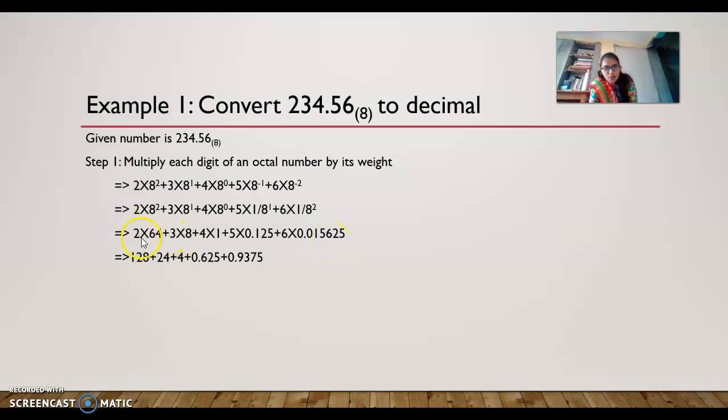Here the product terms are 2 into 64, 3 into 8, 4 into 1, 5 into 0.125 plus 6 into 0.015625. The products are 64 into 2 is 128, 3 into 8 is 24, 4 into 1 is 4, 5 into 0.125 is 0.625, whereas 6 into 0.015625 is 0.9375.